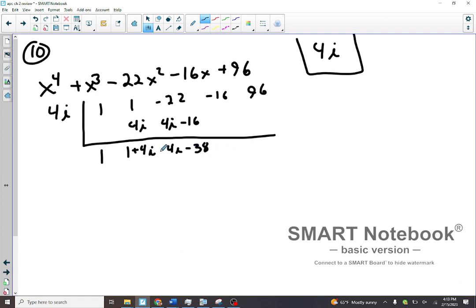Then multiply. 4i times 4i is again negative 16. Wait, isn't it... Did I mess up? i squared, which is negative 16, minus 38. Minus 38, right? 38 here, yeah.